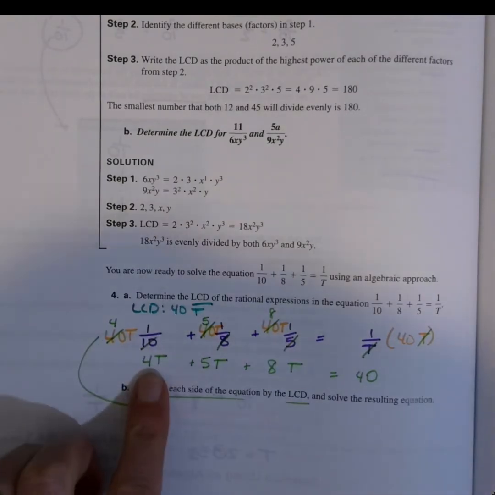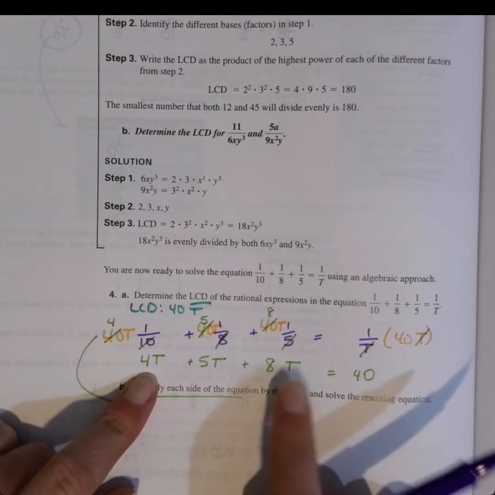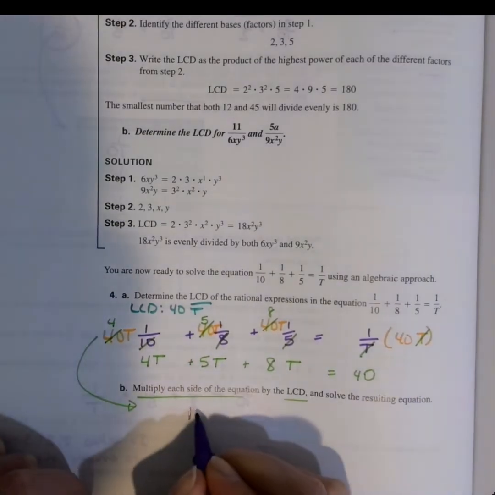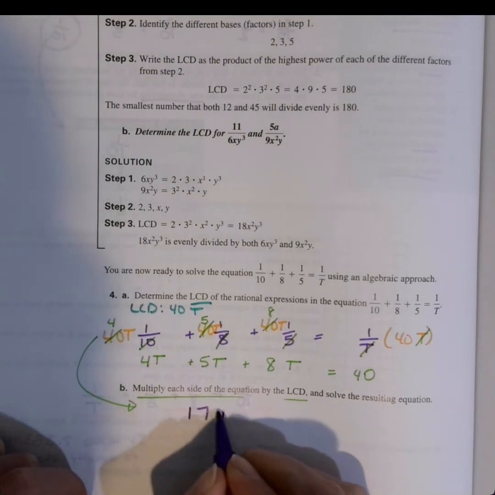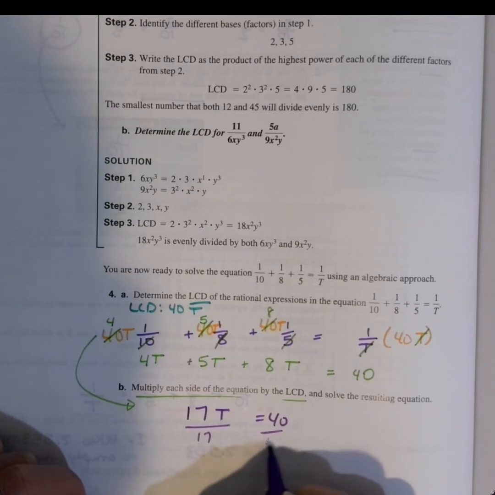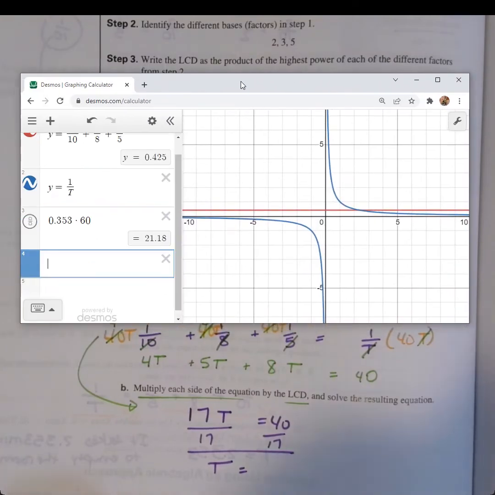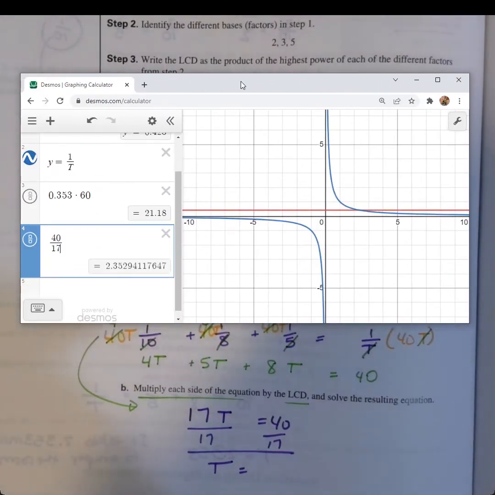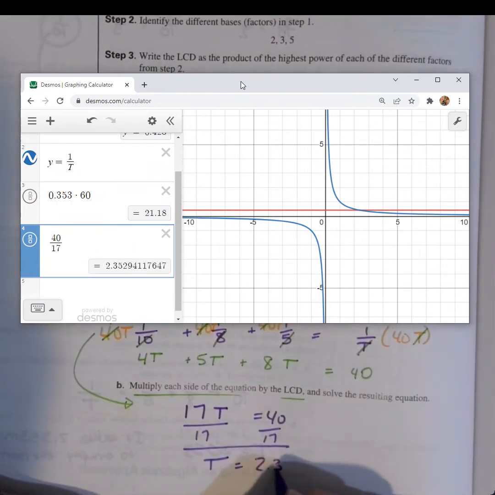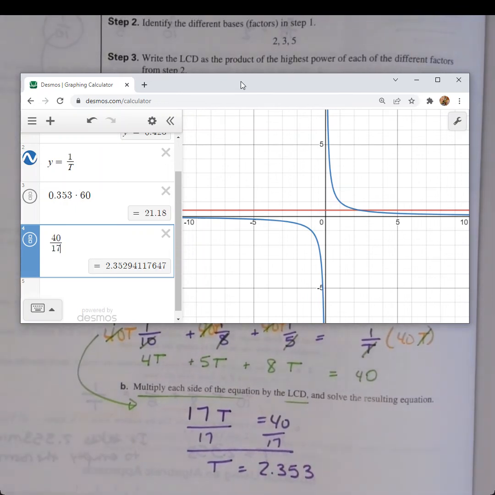So we've got 5 plus 4, that's 9, plus 8, that's 17t equals 40, and I can divide both sides by 17 and get that t is equal to 2.3529 or 2.353, which is what we said from the graph.